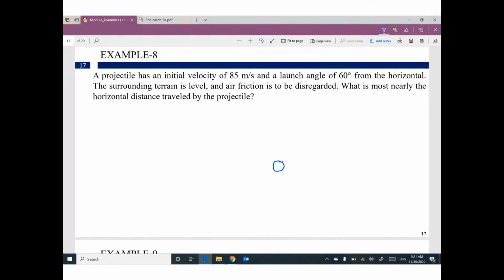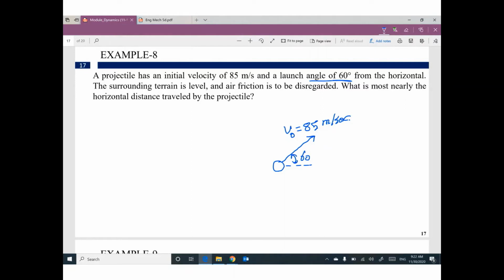So this projectile will start with initial velocity v naught equal to 85 meters per second and an angle of 60 from the horizontal.